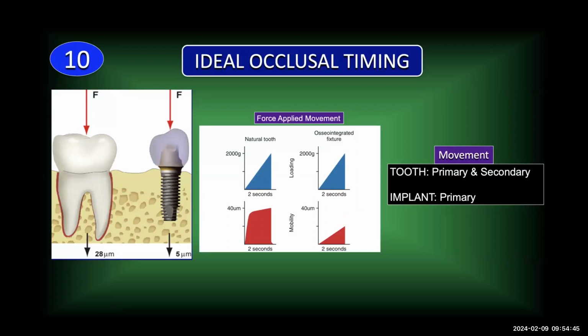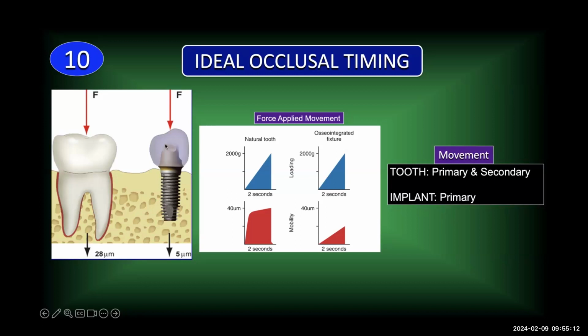We're going to talk a lot about occlusal timing. That will be part 2 of this. We're going to talk about how a tooth, when you bite down on it, has a primary and a secondary movement. Basically, the periodontal ligament compresses, then you bottom out on the bone, whereas the implant does not have that primary periodontal ligament.